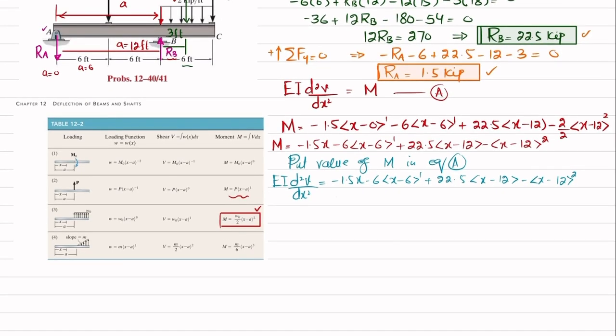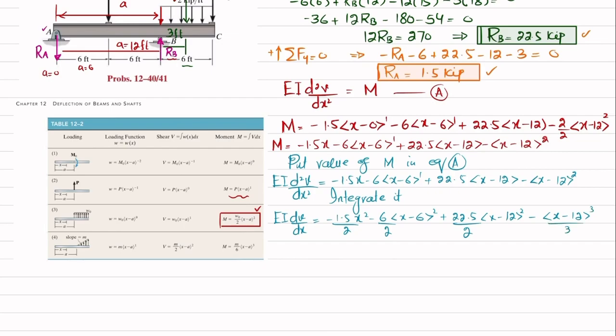Now integrate it once. You will get EI into dV over dx equal to minus 1.5x square over 2 minus 6 into x minus 6 power 2 divided by 2 plus 22.5 into x minus 12 power 2 divided by 2 and minus x minus 12 power 3 divided by 3. Plus there will be a constant of integration, which is C1.